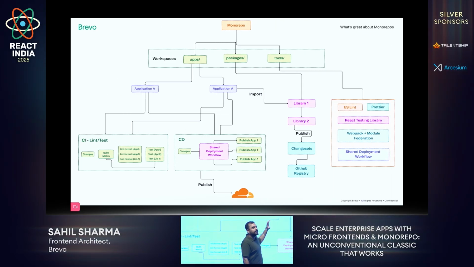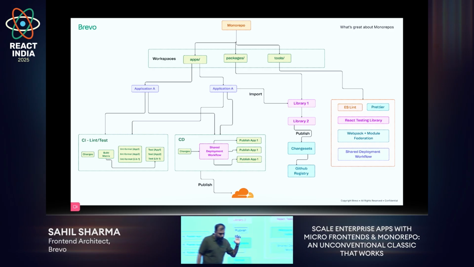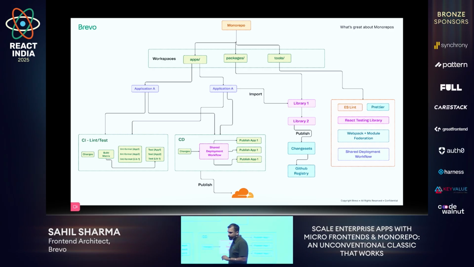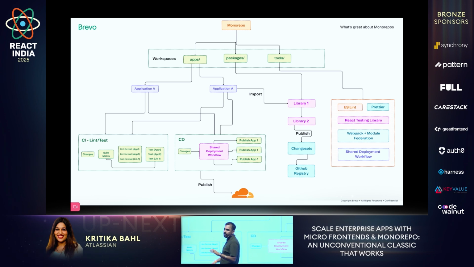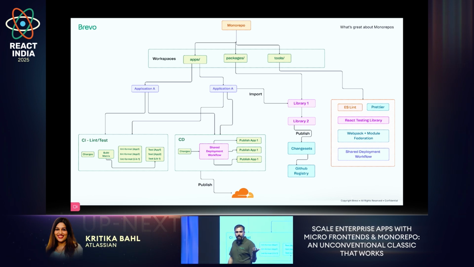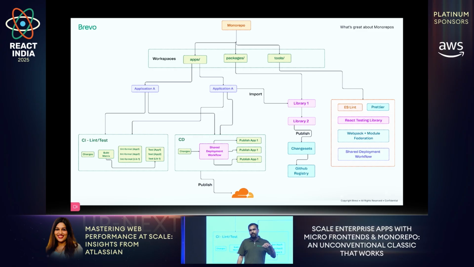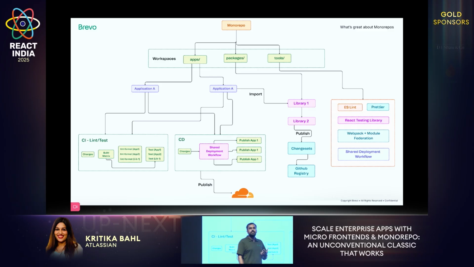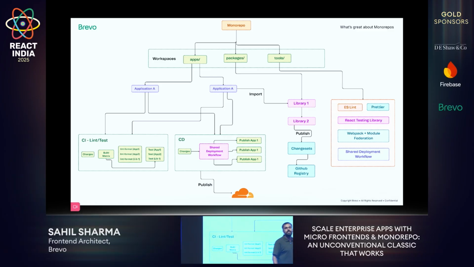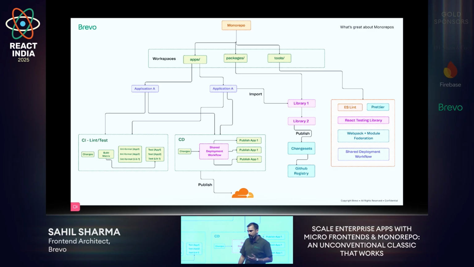So this is the monorepo architecture we are following as of today, where the main application is divided into three things. First is the app workspace, where all the applications are defined for that particular product. Second is the packages, which are just the common components or libraries that you reuse across those applications.